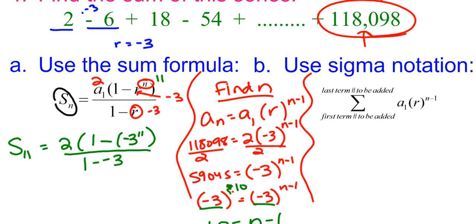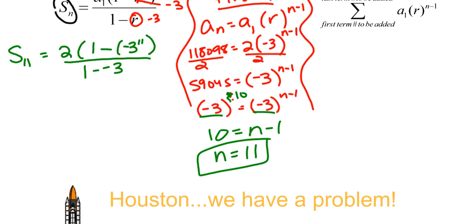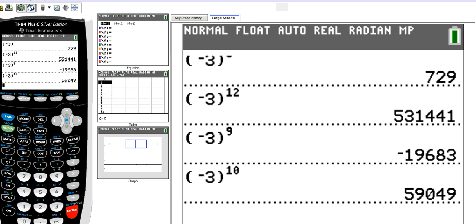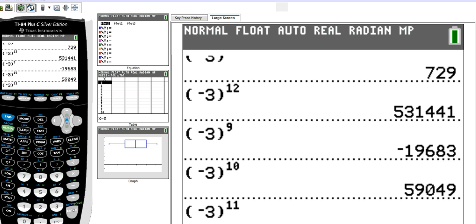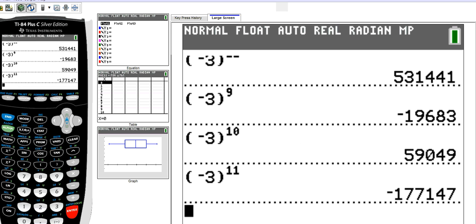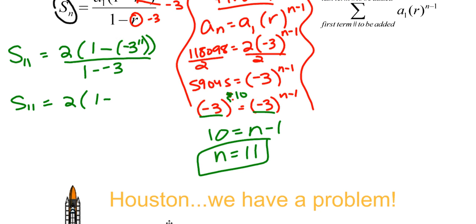So now I need to solve this equation. I'm going to say S11 equals 2 times 1 minus -3 to the 11th. I don't know what that is. Let me punch it in my calculator. -3 to the 11th is -177,147. So I'm going to go back to my notes.